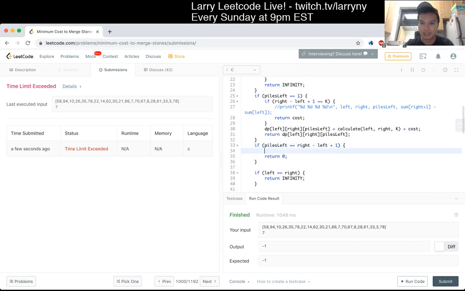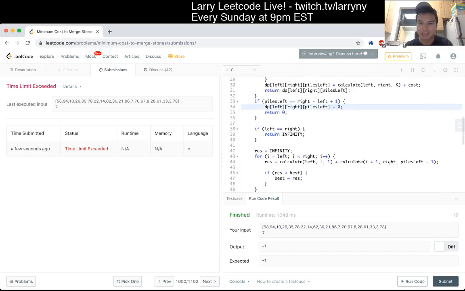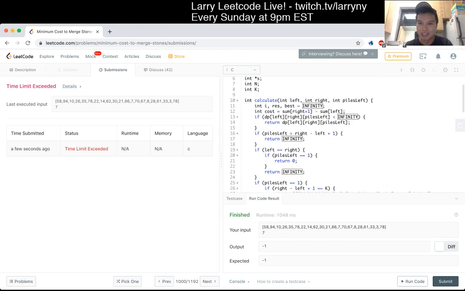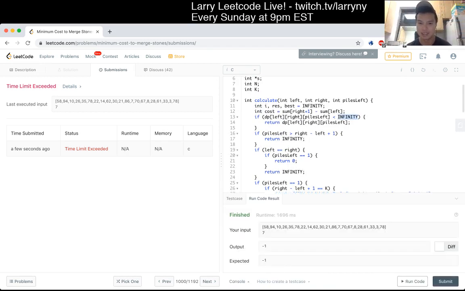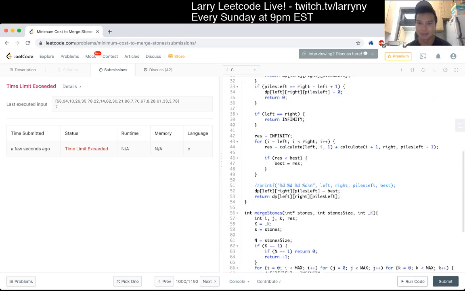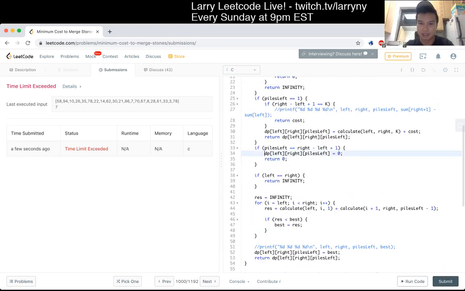I don't know. Let me just. Well, I think some of it's also I use infinity, so maybe I need to be a little bit better because I use infinity both as marking as unseen and also as an answer, so it probably recalculates the infinite stuff a lot. What the heck is going on? So I think that's what I need to do.